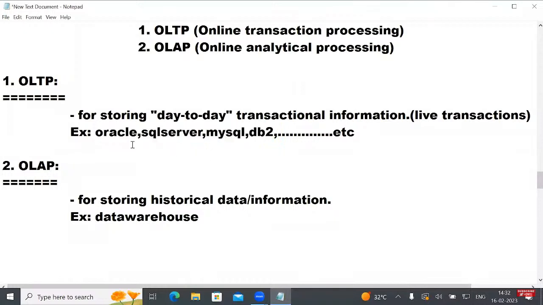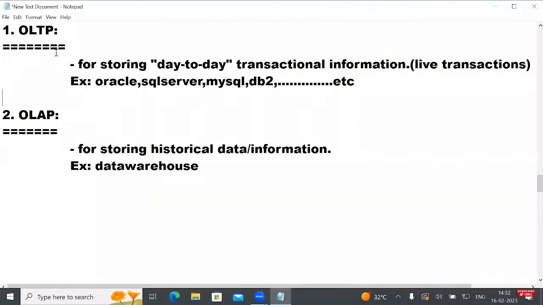When we are interacting and storing day-to-day transactions, after a certain period of time your database memory will automatically become full. When the OLTP database memory is full, but the data is very important for me, I don't want to delete my data. Yes or no?